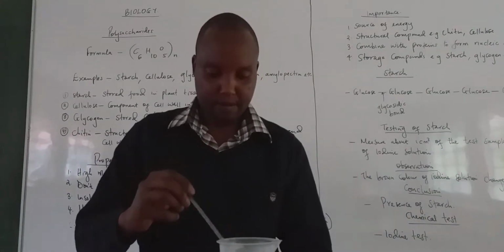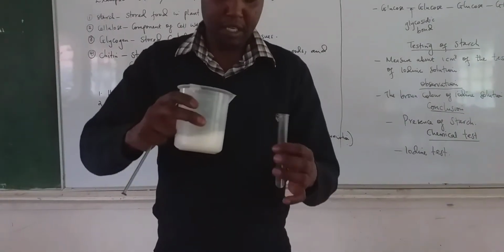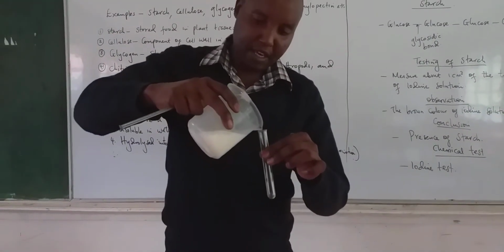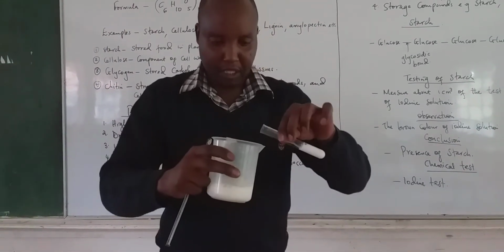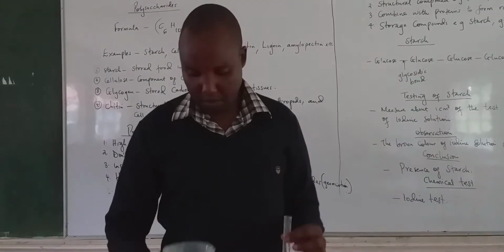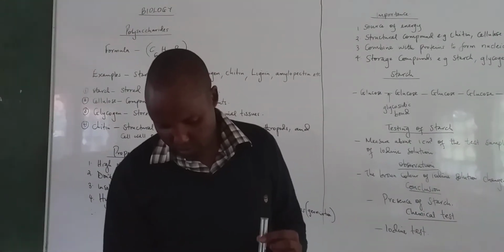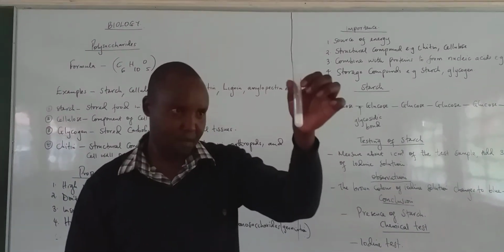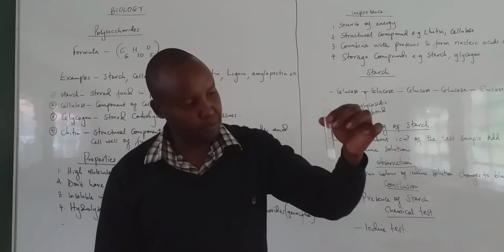Remember we said these starch molecules are insoluble in water. So we have to stir, and then measure about 1 centimeter cubed. When I say about, it's not exact. Remember, it should be a qualitative test, so you measure about to give you the exact results. So this is 1 centimeter cubed of the food sample.